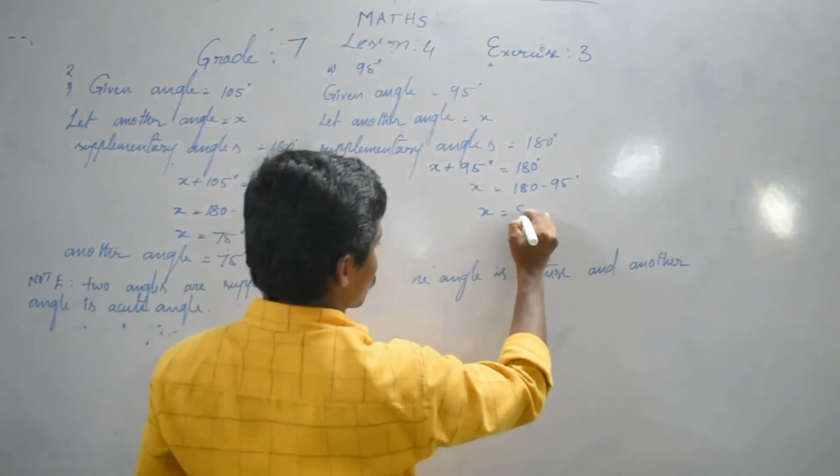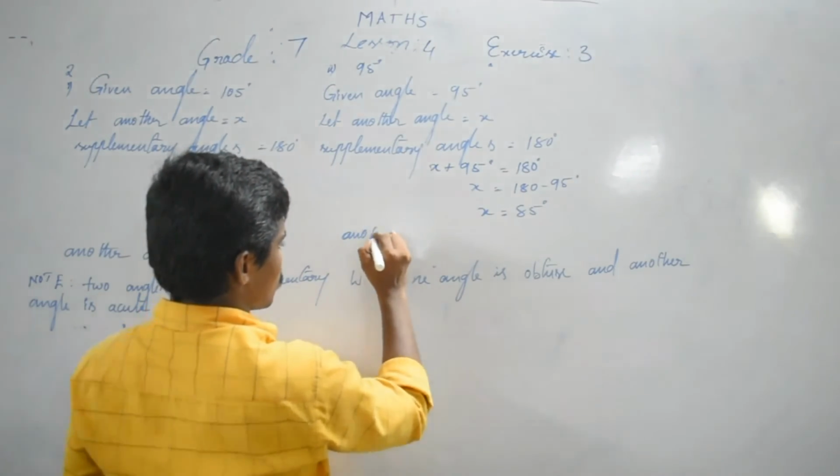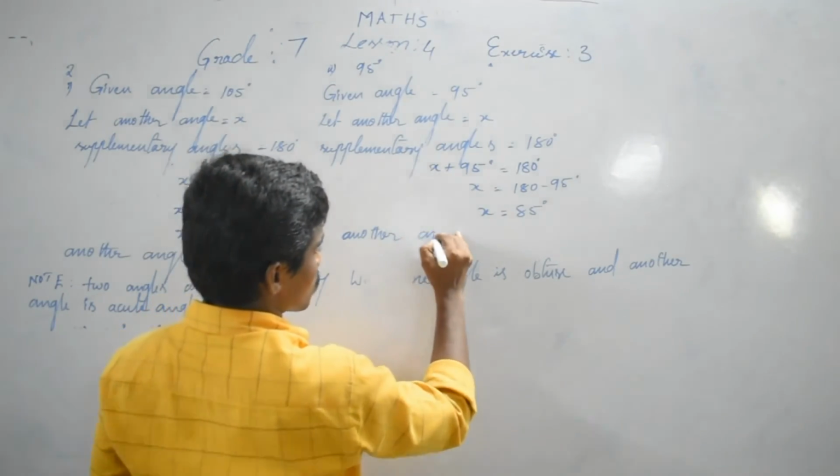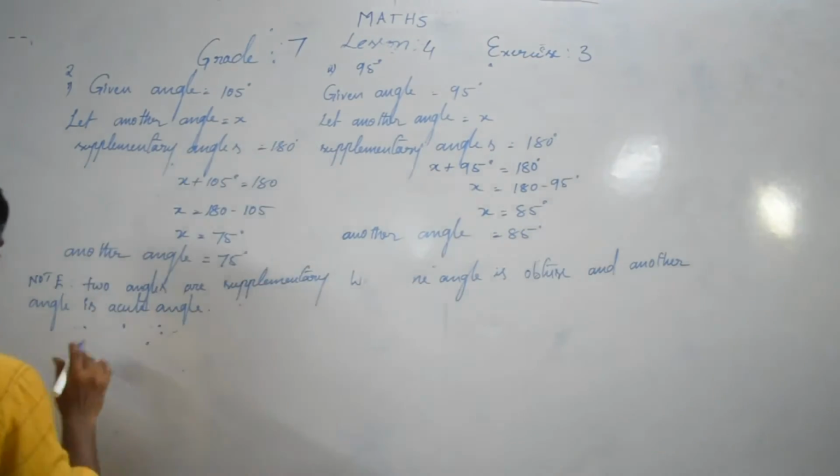So x equals 85 degrees. The other angle is equal to 85.